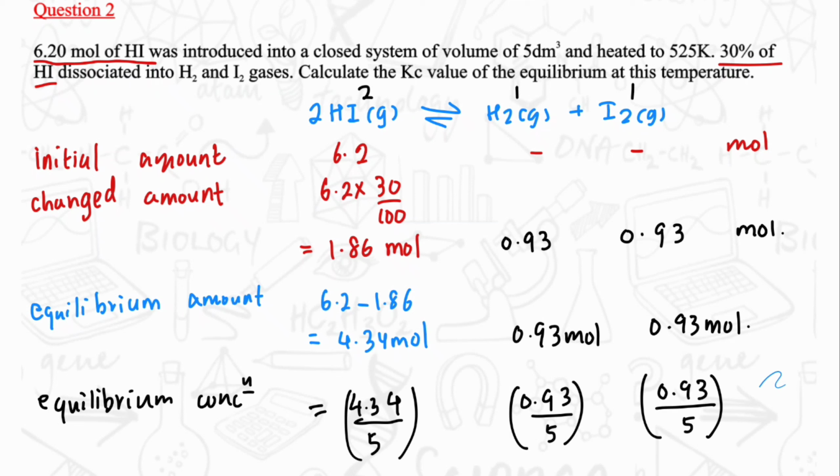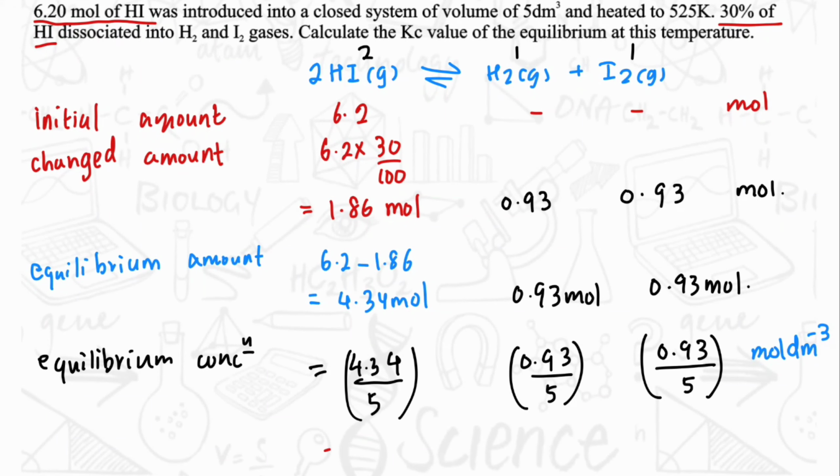Then we get moles per decimeter cube as the unit. And if we simplify this, we get the answer 0.868 moles per decimeter cube.